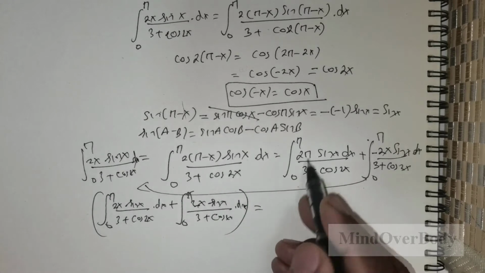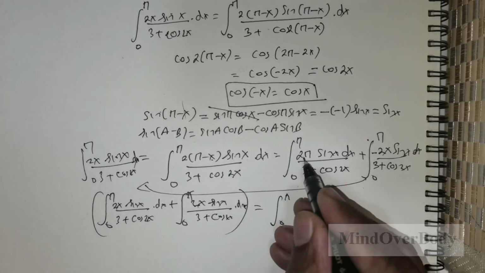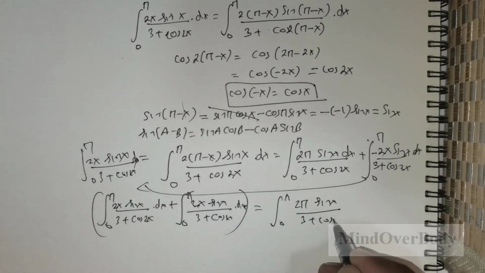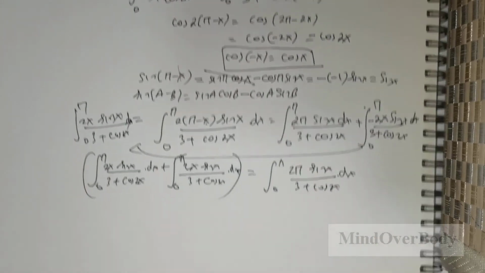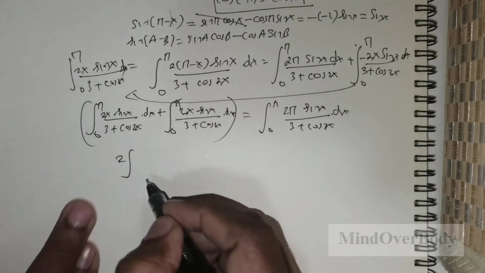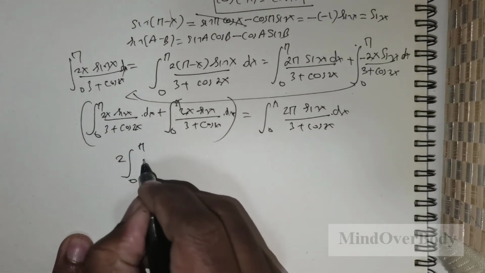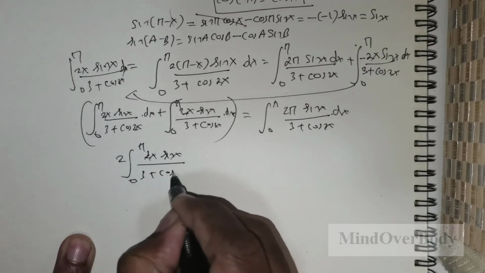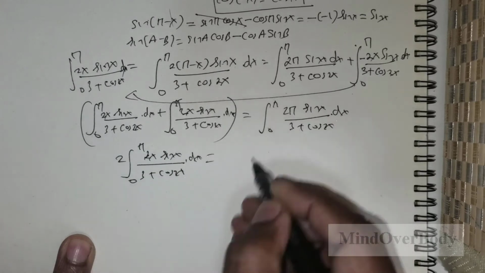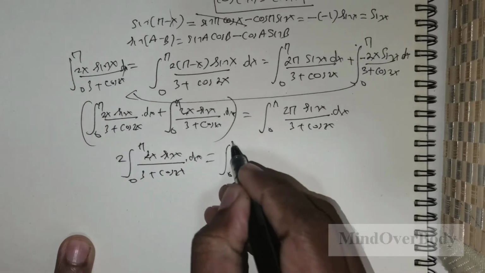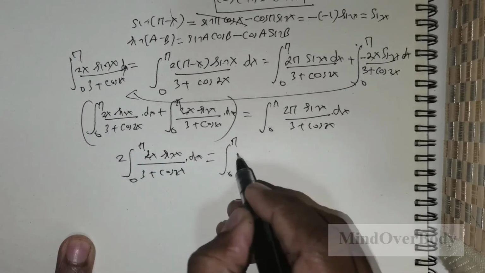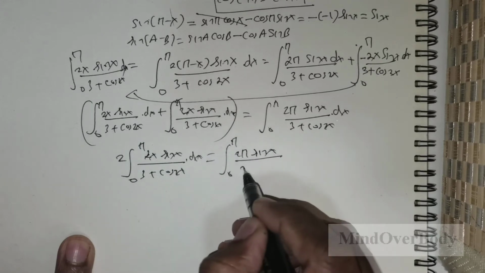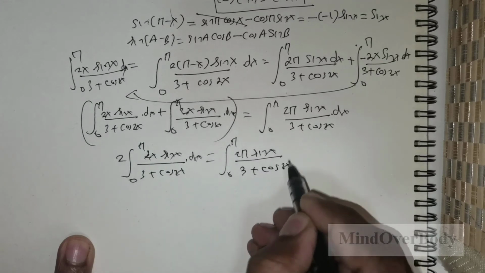On the right hand side you got integral 0 to pi by 2 of pi times sine x divided by 3 plus cos 2x times dx. If you add these two things, you would get 2 times integral 0 to pi by 2 of x times sine x divided by 3 plus cos 2x times dx is equal to, on the right side, integral 0 to pi by 2 of pi times sine x divided by 3 plus cos 2x times dx.